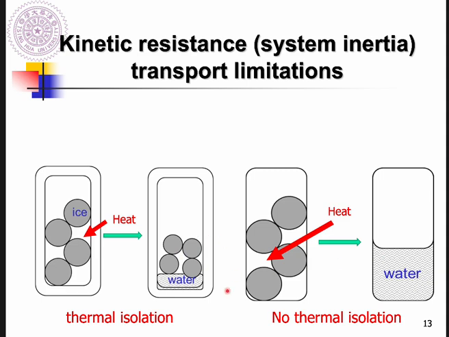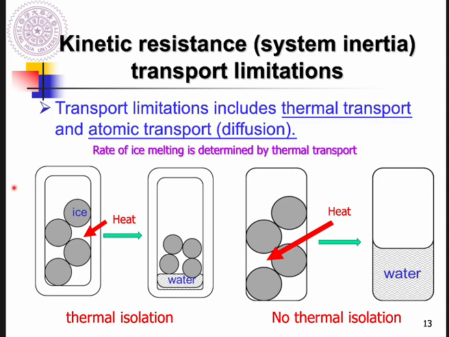So what happened here, or what's the difference here, or what's the idea pointed out? We want to point out the transport limitation. This kinetics process actually included two steps, which included the thermal transport and also the atomic transport.